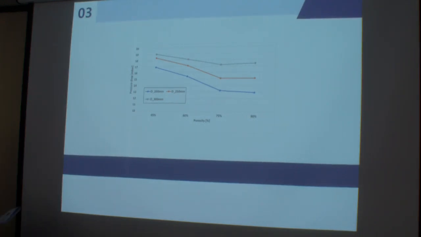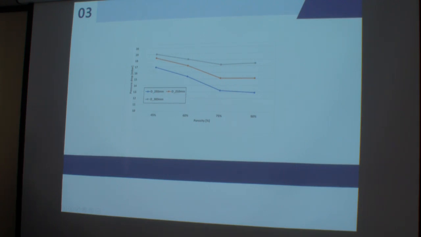So the x-axis represents porosity, with different porosity applied in each case, and the y-axis is the pressure drop. And here are the different diameters we applied in these cases.